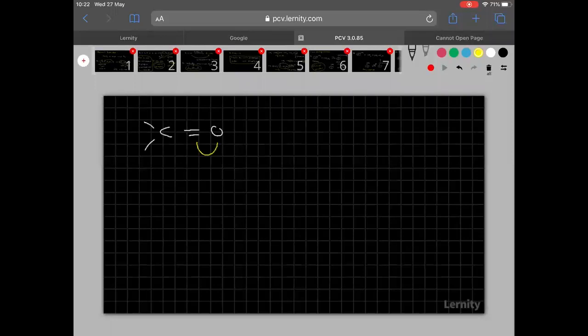So the pi bond will shift towards oxygen, then oxygen gets the negative charge and carbon gets the positive charge. Then the nucleophile will be added towards carbon. That is the reason why this reaction is said to be a nucleophilic addition reaction.